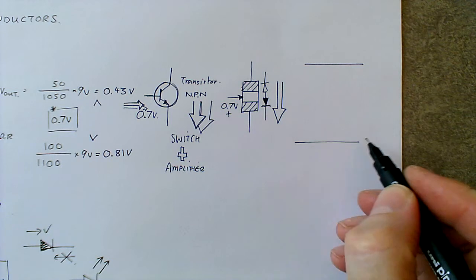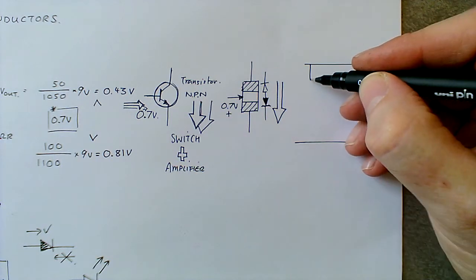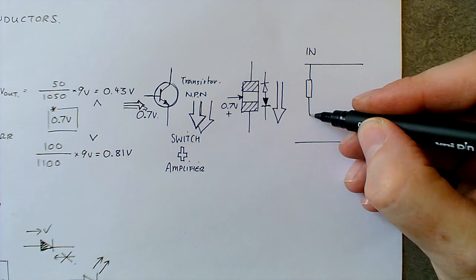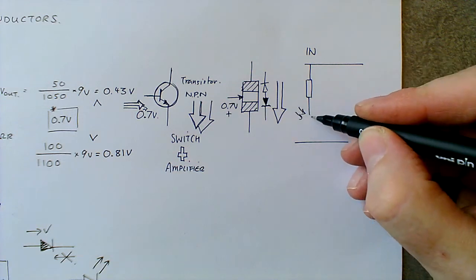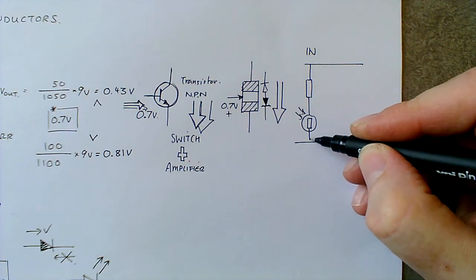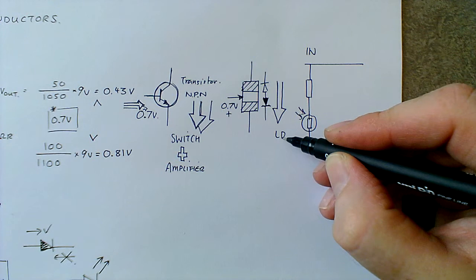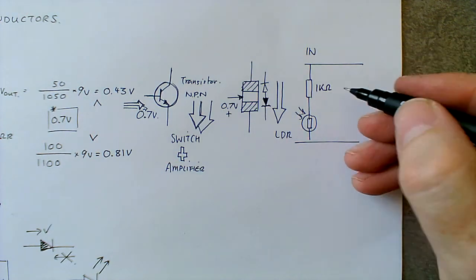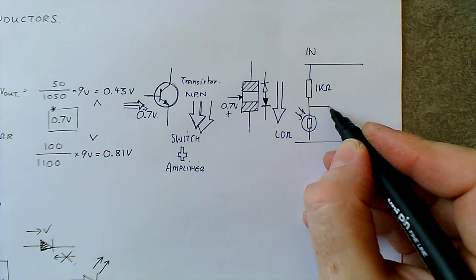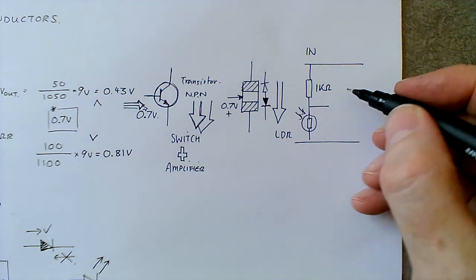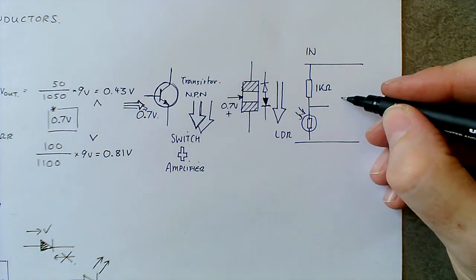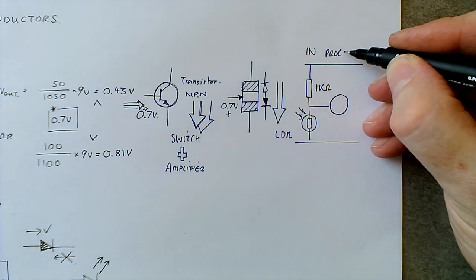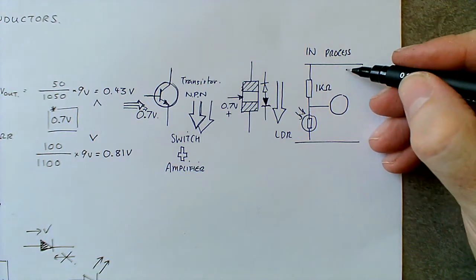So if I redraw this circuit now, what we can have is an input, which is a light dependent resistor, LDR. We've got our resistor, let's have 1K there. Let's have our output, if you will, from that, and then we've got our transistor, which actually is a process.